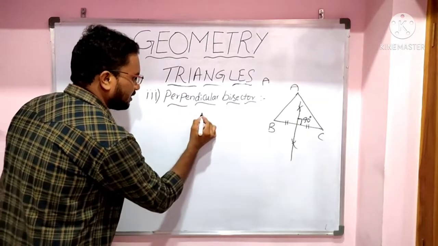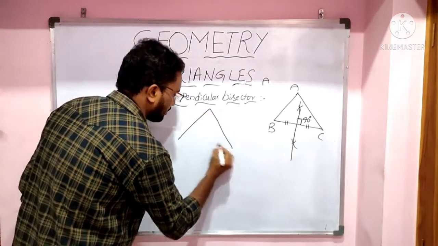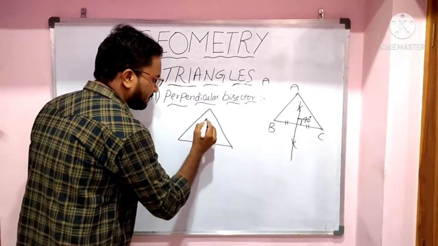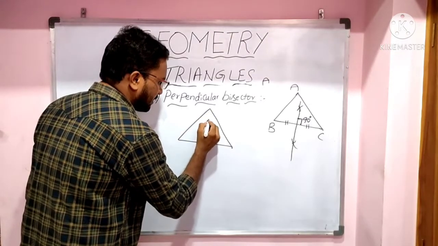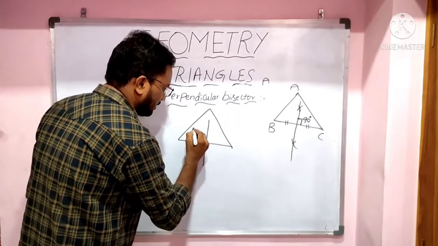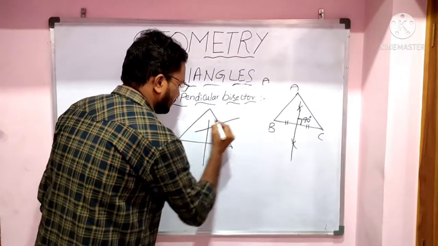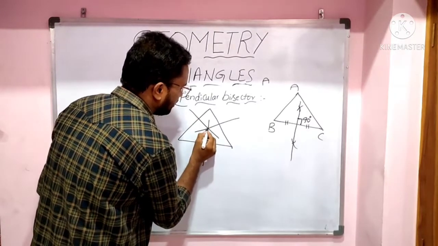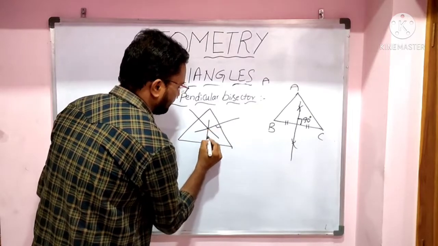So in a triangle we can draw three perpendicular bisectors. Let us say this is one, and this is two, and this is the third one.